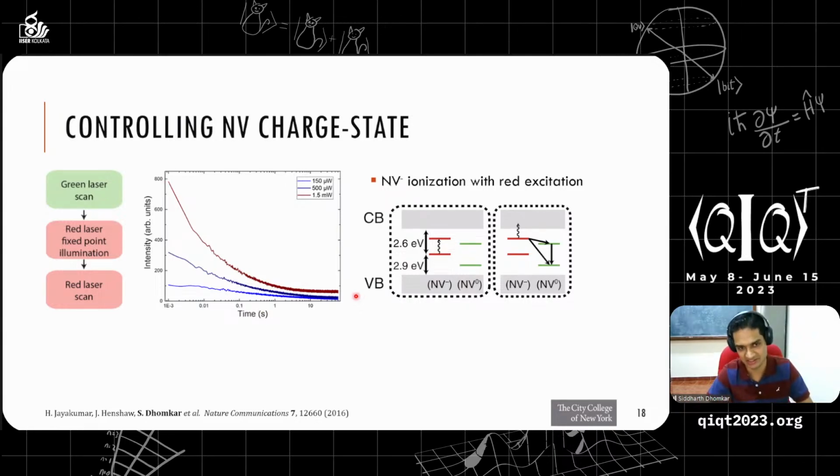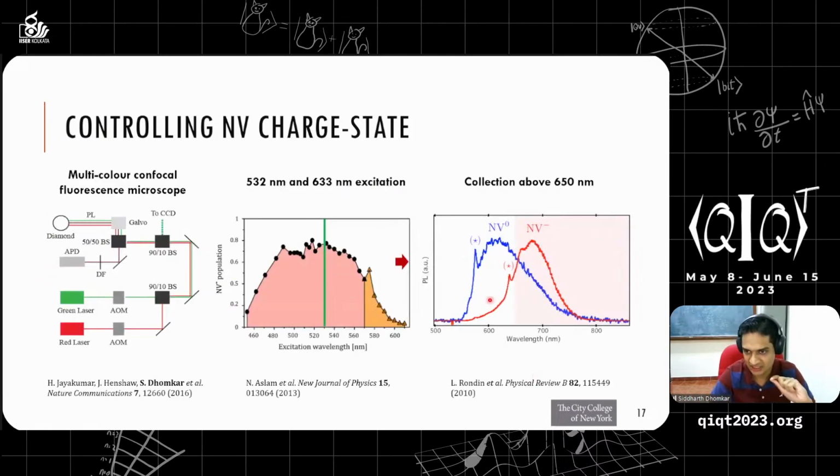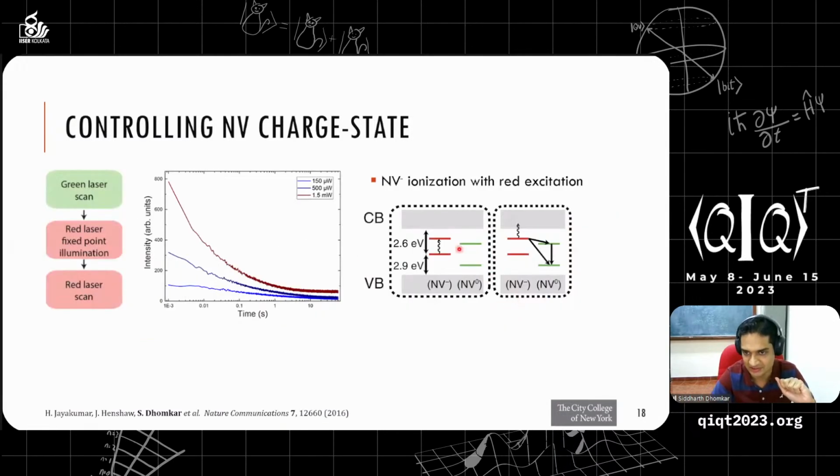With the red laser, you are exciting NV minus. But when you excite NV minus, you can actually perform a 2-photon process. The first photon takes NV minus into the excited state. The second photon removes that electron from the excited state and puts it into the conduction band of the diamond.